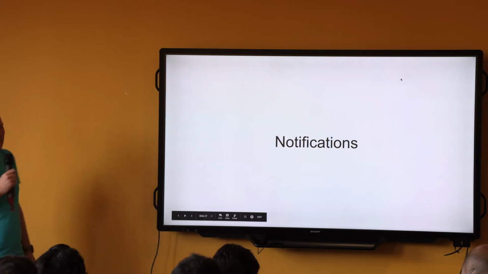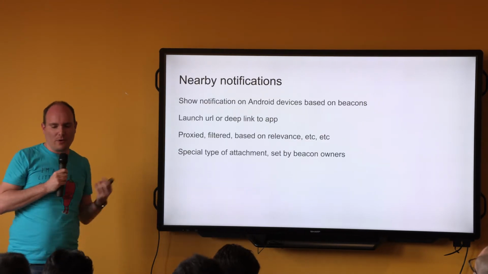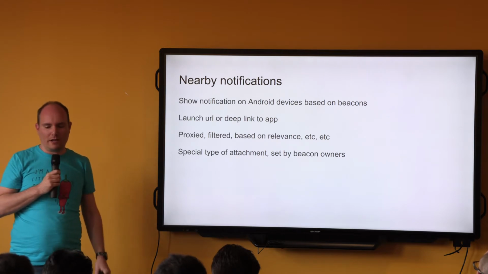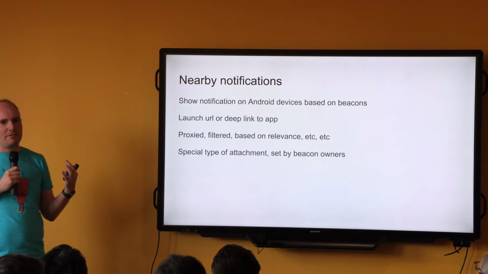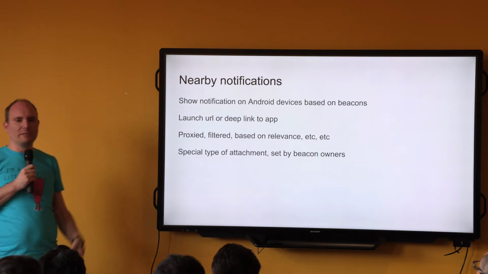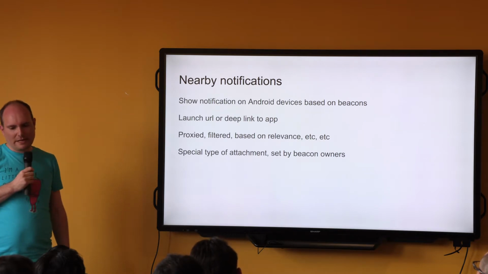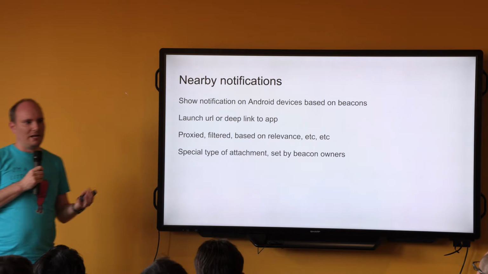So, on to notifications. Notifications is basically a way to show contextual notifications on your Android device, and it's based on beacons as well. So the idea is that you can have the user see a URL or a deep link to an app, like the ones that I already published. In my case, the deep link doesn't work, but that's because there's something wrong in my Android manifest.